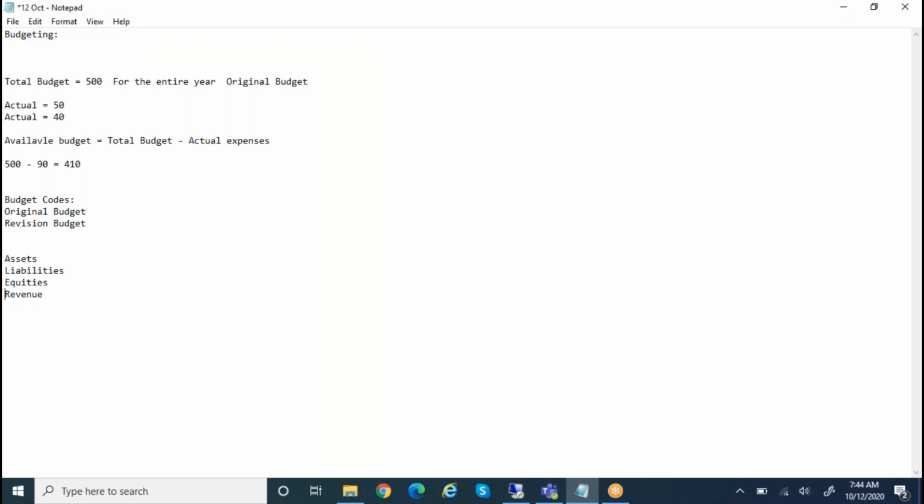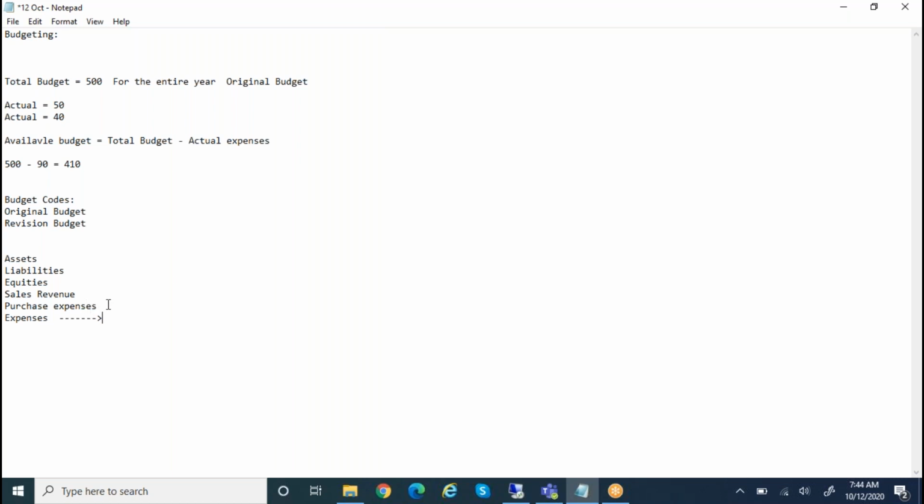Sales revenue, and then purchase expenses and expenses. So majorly our focus will be on this one. Our focus will be on expenses, but not the remaining, because I need to control this.